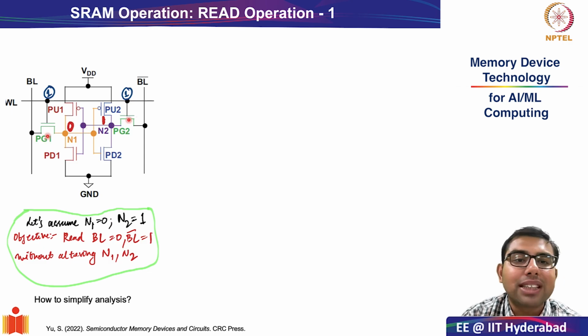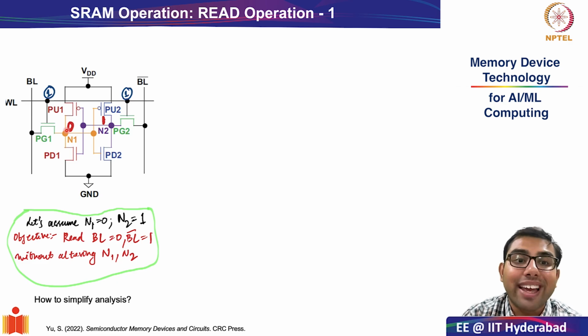And of course, we have the pass gate transistors whose gates are controlled by the word line, and the ends of the pass gate transistors are connected to bit line and bit line bar. Therefore, bit line has access to storage node N1, and bit line bar has access to storage node N2. In this setup, let us assume that 0 is written in storage node 1, as I have indicated, and 1 is written in storage node 2.